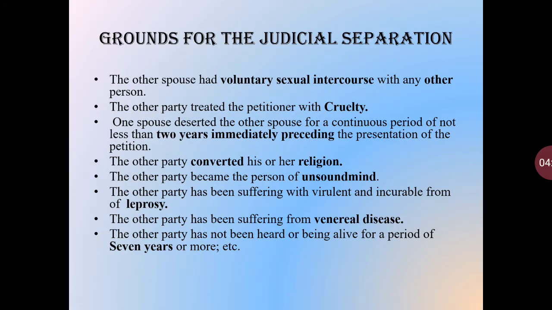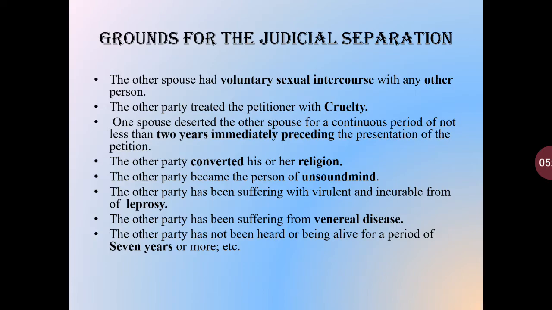Grounds for the judicial separation. The other spouse had voluntary sexual intercourse with any other person. The other party treated the petitioner with cruelty. One spouse deserted the other spouse for a continuous period of not less than 2 years immediately preceding the presentation of the petition.